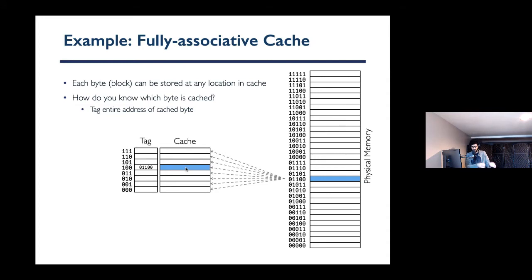So it's more flexible, but at the same time, it's more costly, because now, first of all, you have to store a bigger tag. And second of all, for each search, for each check to your cache, you have to go through all your cache blocks, and then check the tag for all of them.